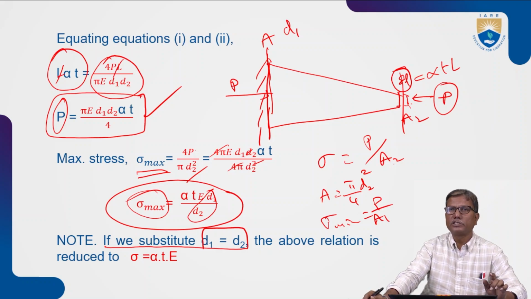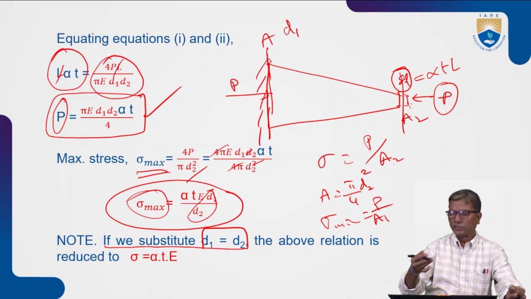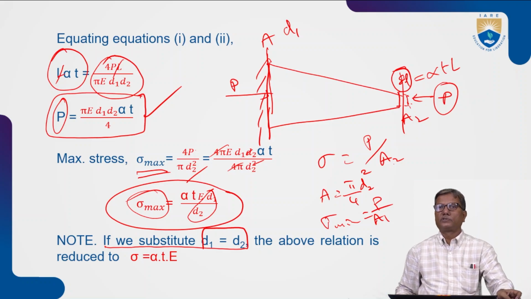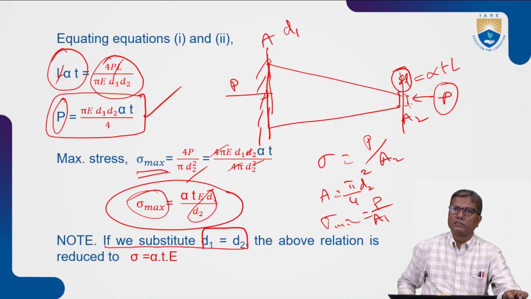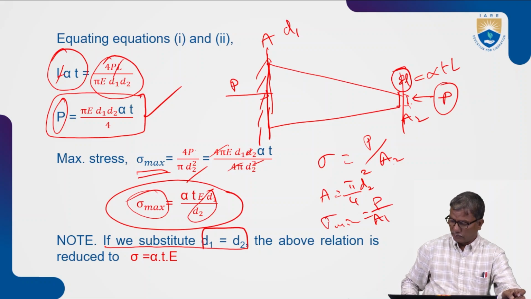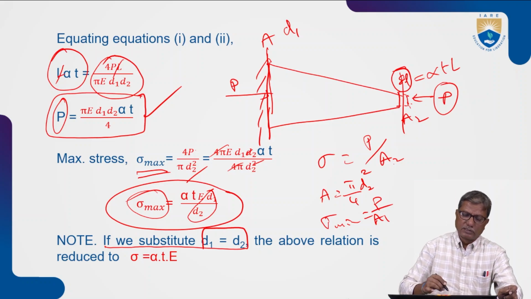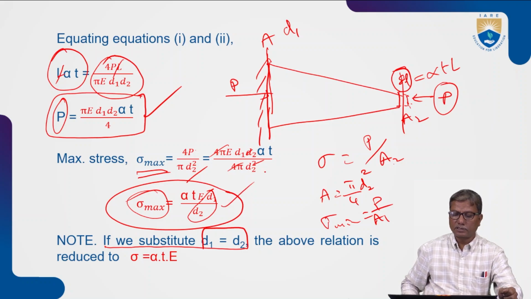So the stress will be the same throughout, and that is given as alpha T E. We have seen that in the previous example: in a bar of uniform cross-sectional area, the temperature stress is alpha T E. And in the bar of uniformly tapering circular section, the maximum stress is alpha T E D1 by D2.